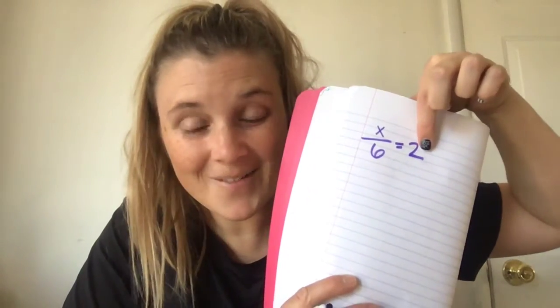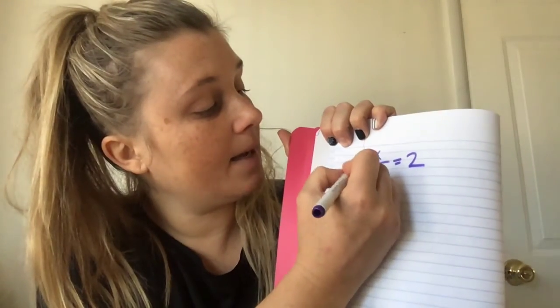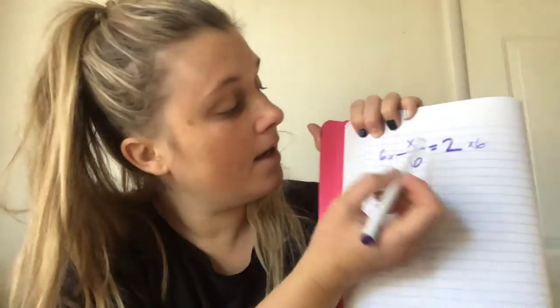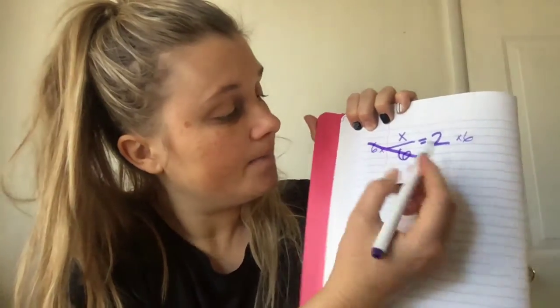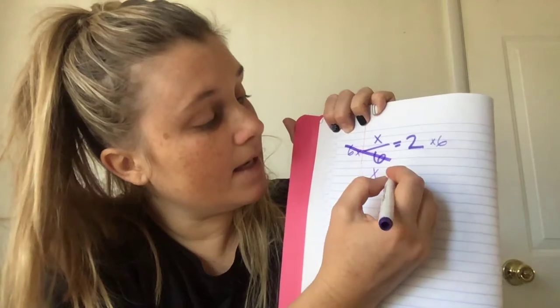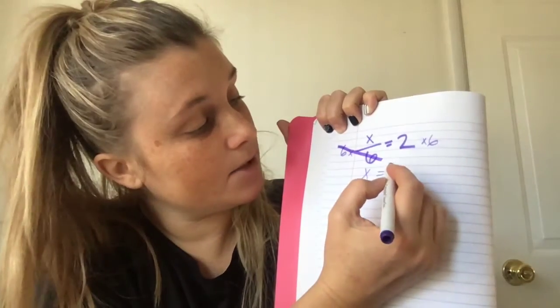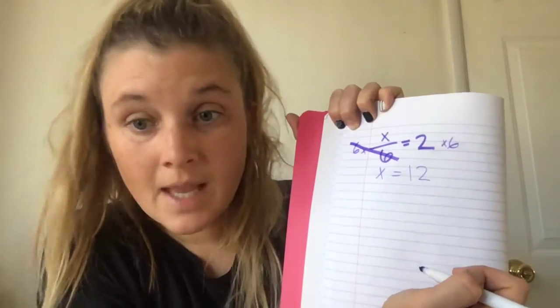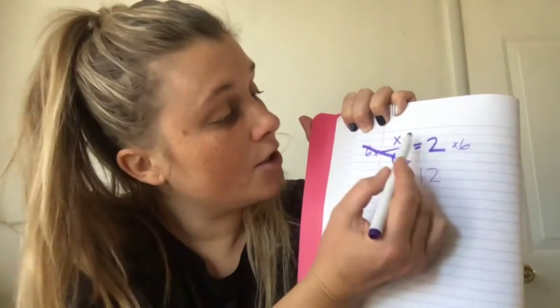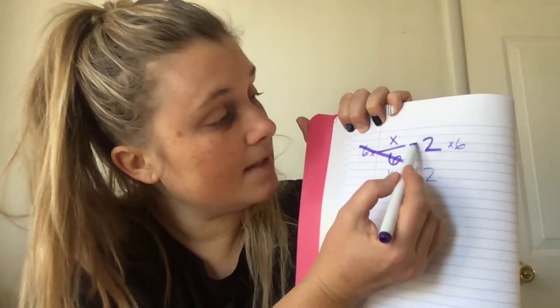So let's multiply each side by 6. Times 6, times 6. That's going to be gone. So x equals 2 times 6, which equals 12. Now, does that make sense? 12 divided by 6 equals 2. It does.